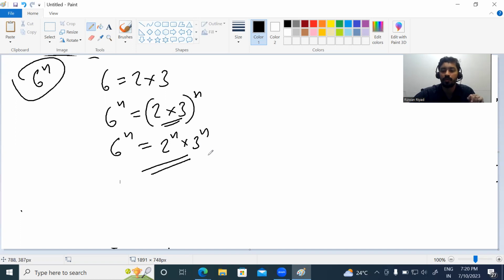Now come to our question. We have to check whether 6 raised to n can end with 0. We know that if a number ends with 0, it will definitely be divisible by 5. If you can see 0 at the units place, then that number is divisible by 5.